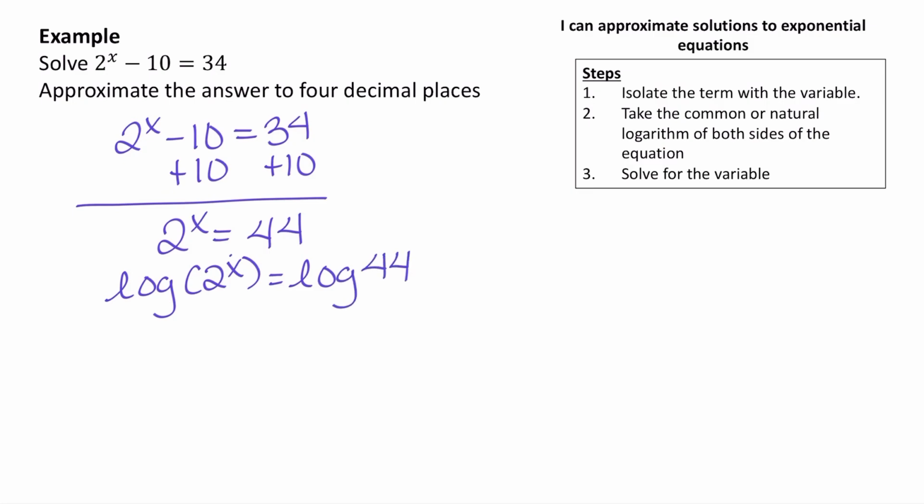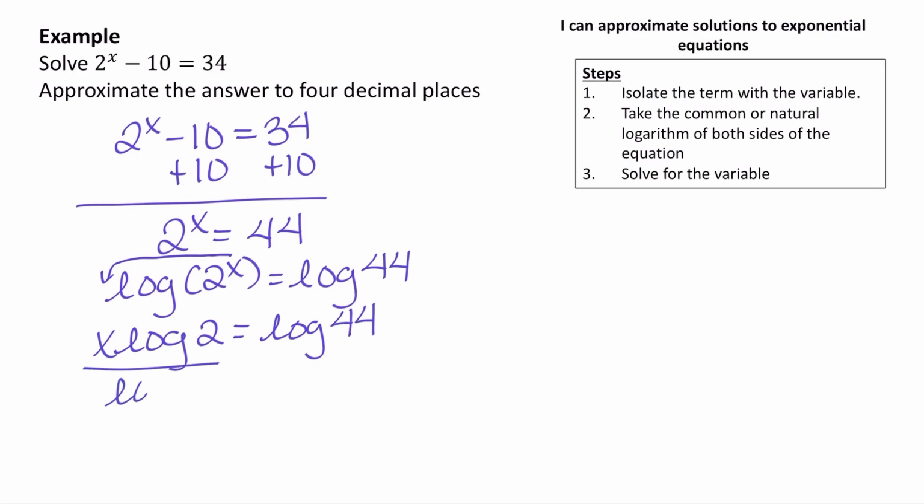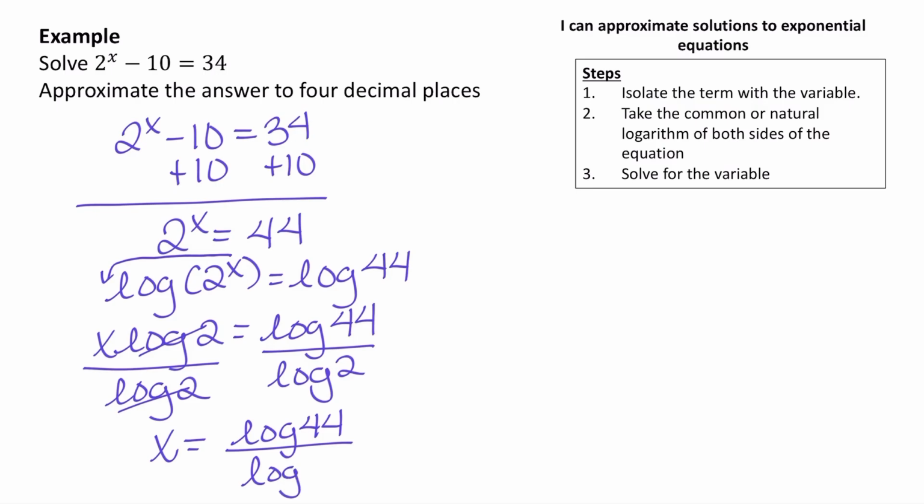Now using the power property, I'm going to bring this x down in front. So I have x log 2 = log 44. Now to solve for x, I'm going to divide both sides by log 2. On the left side, I have x, and that x equals log 44 divided by log 2.